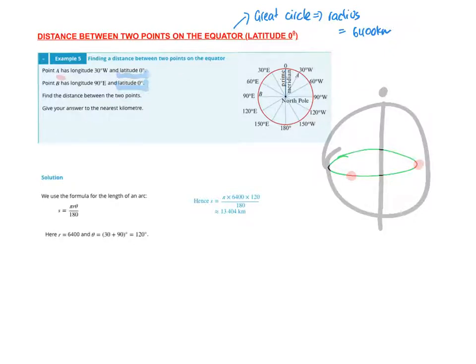So it went out that way 30 degrees, and this guy went out that way 90 degrees. So how many degrees in the middle? It's 120. So can you see there's where they found 120? So we're finding the arc length along the equator, between there and there.